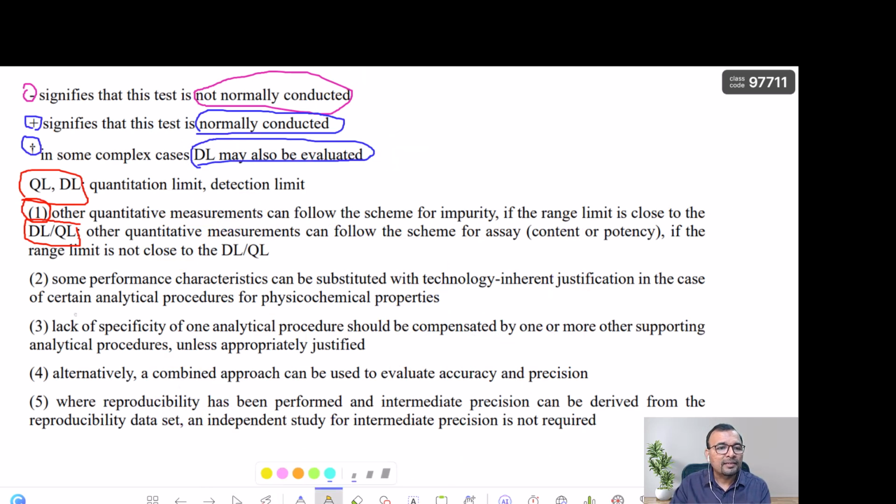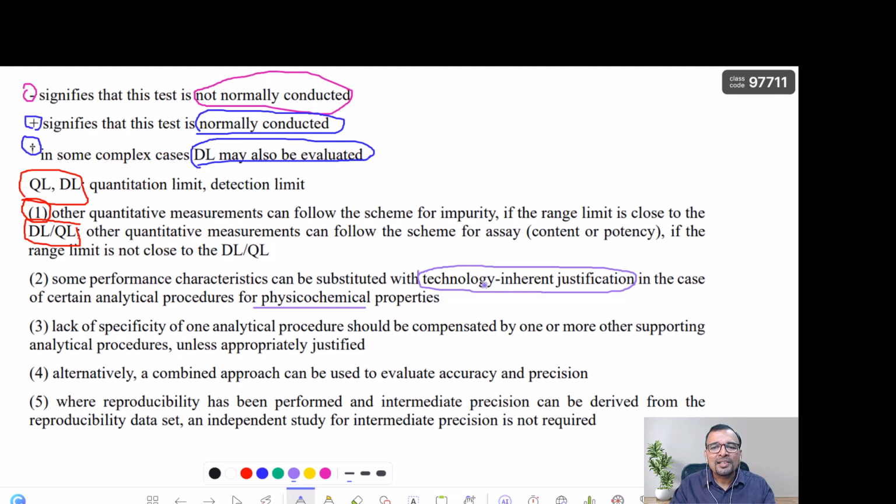And what does this say? The point number two says some performance characteristics can be substituted with technology inherent specification in the case of certain analytical procedures for physico-chemical properties. Some performance characteristics can be substituted with technology inherent justification. It means technology itself is sufficient to conclude the outcome, like mass spectrometry in the case of a specific test procedure, or NMR in the case of identifying the structure of the compound.